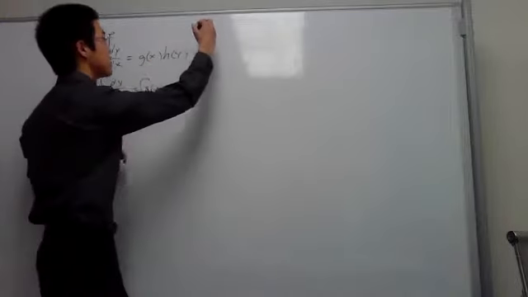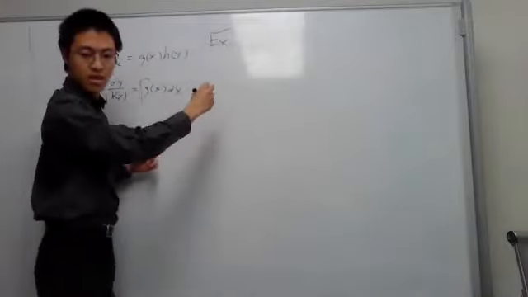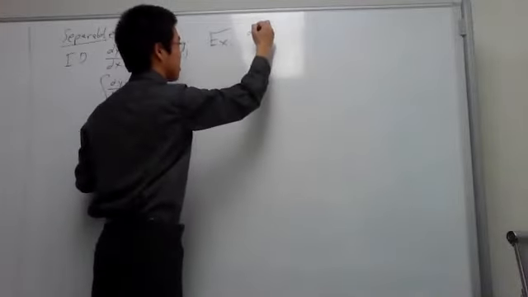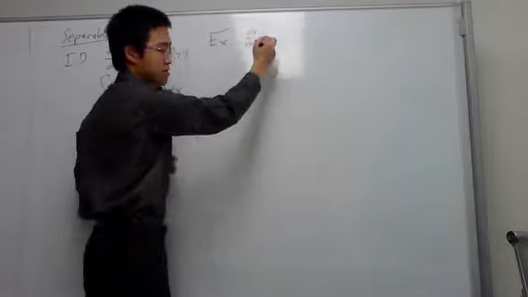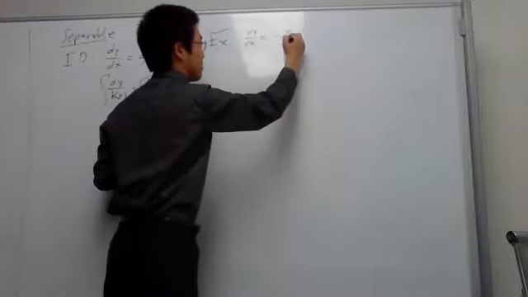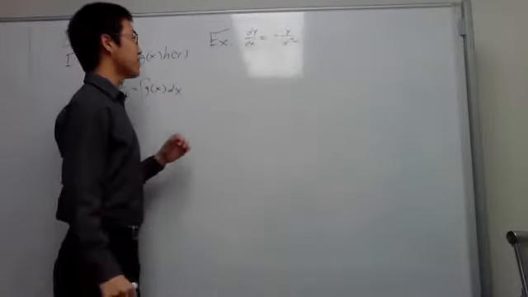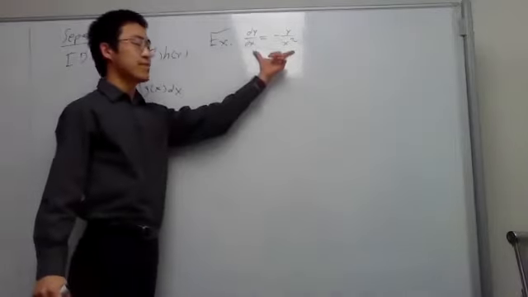So for the example, this is going to be dy/dx is minus y over x squared. Okay, and so how do we want to separate this out?